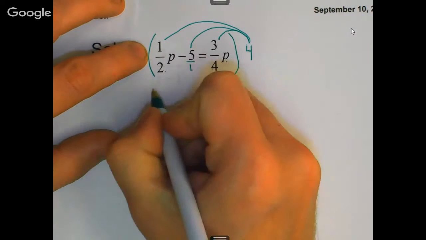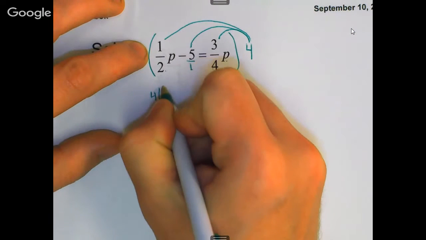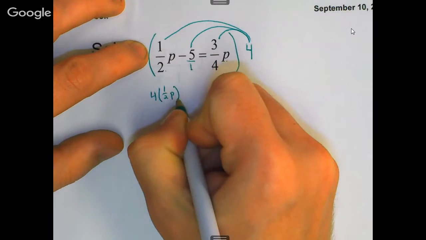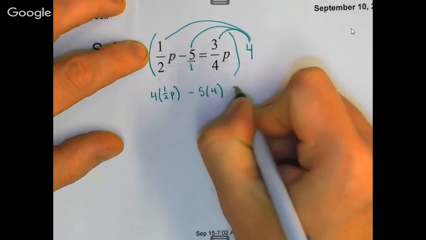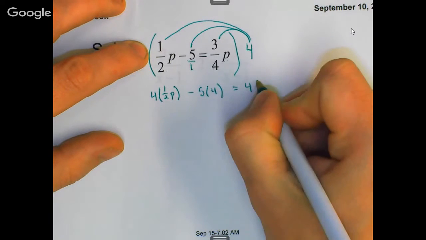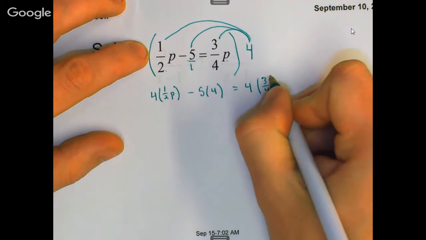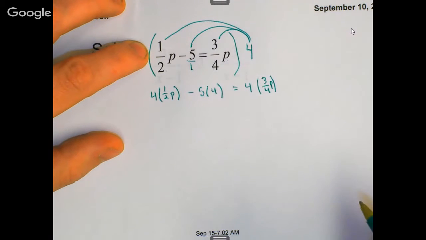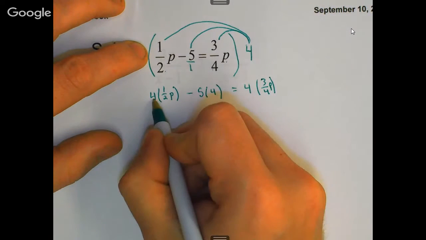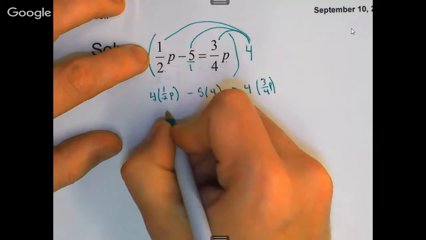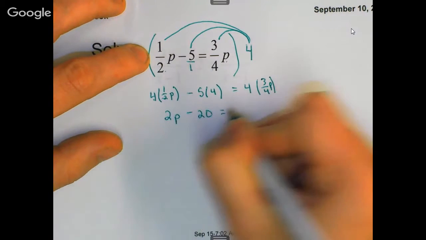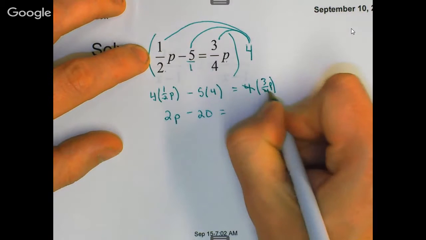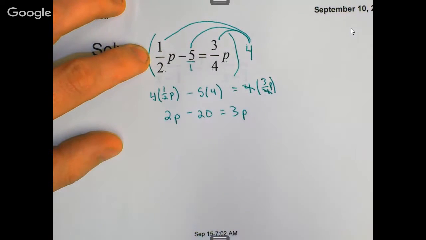So I will have 4 times a half p minus 5 times 4 equals 4 times 3/4 p. Well, half of 4 is 2p minus 20 equals, that 4 and that 4 cancel, 3p.